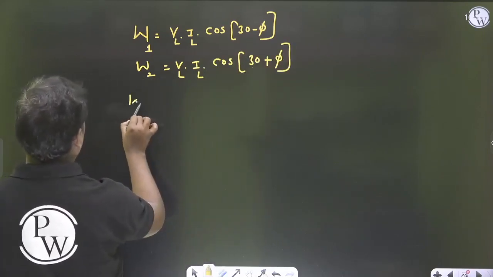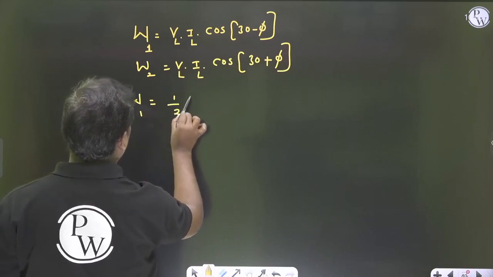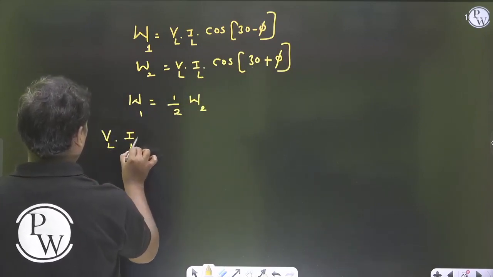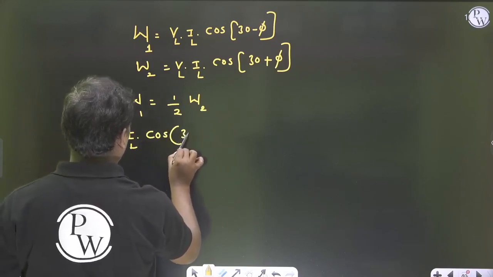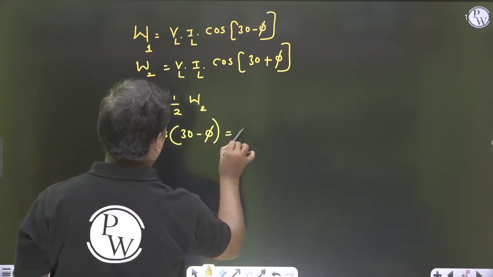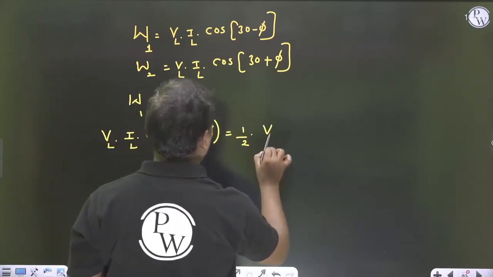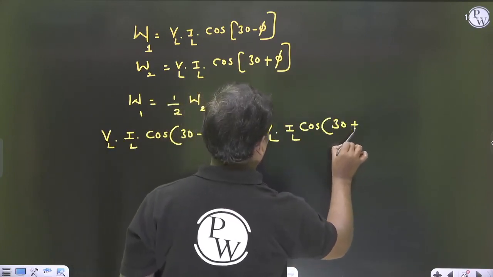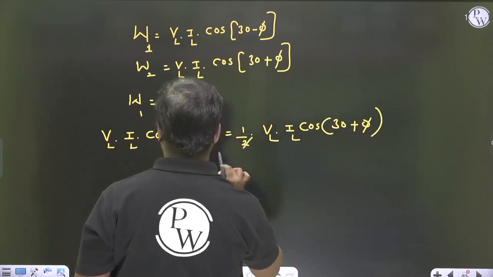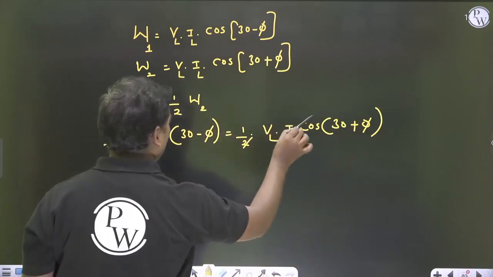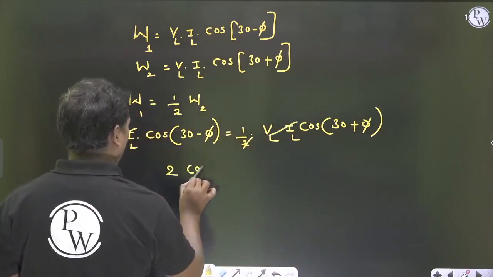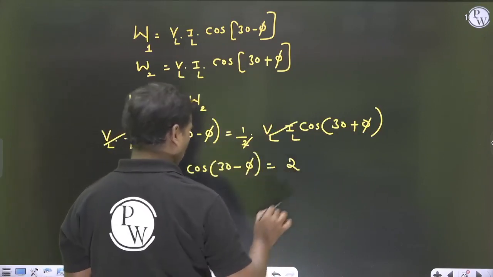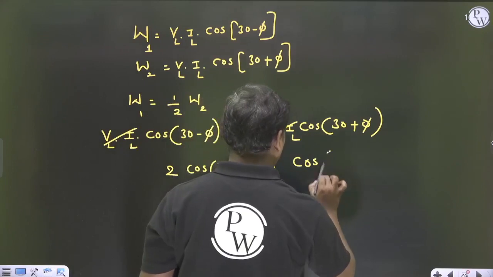Suppose if I am taking W1 is equal to half of the W2, then what I can write? VLIL cos 30 minus phi is equal to half of VLIL cos of 30 plus phi. So this gets cancelled. So 2 cos 30 minus phi must be equal to cos 30 plus phi.